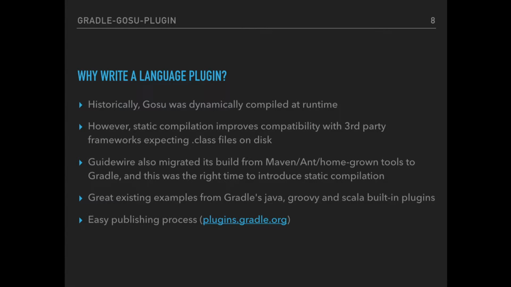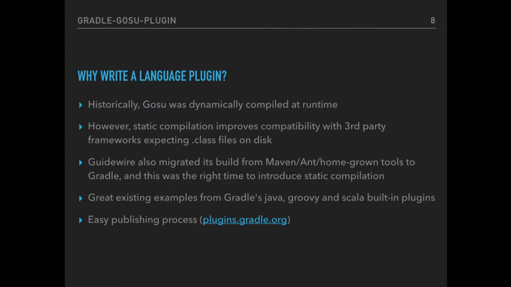So we're missing out on a lot of free tooling support you get in the Java ecosystem. Secondly, the timing was just right in that my employer Guidewire was migrating its Franken-build, which was a mix of Maven, Ant, a homegrown tool, and shell scripts, to Gradle. So the timing was right to leverage the excellent extensibility of Gradle to add the feature we needed.